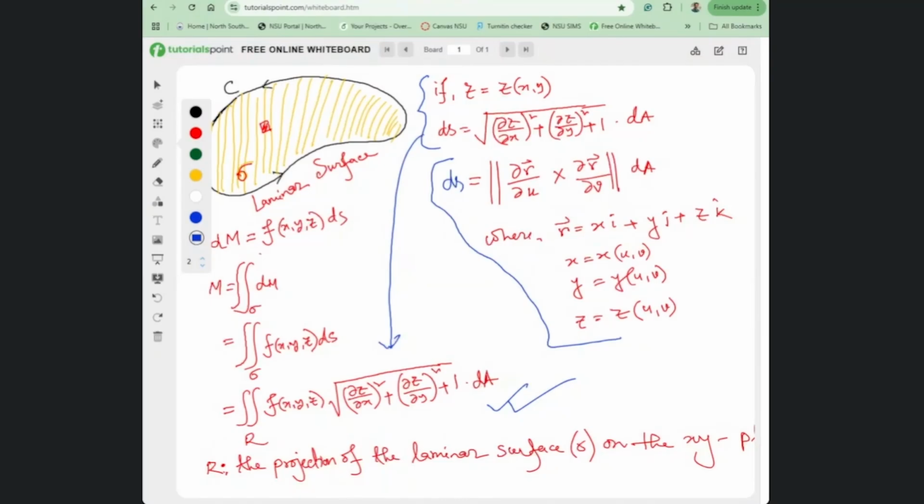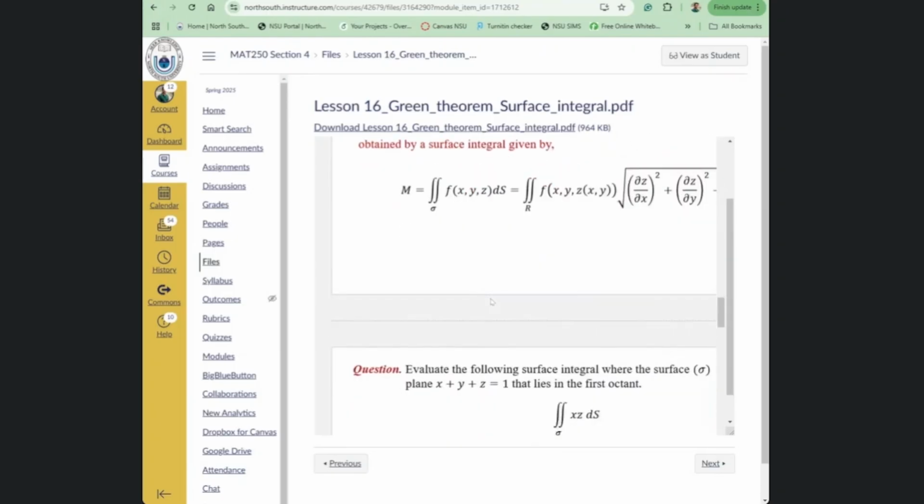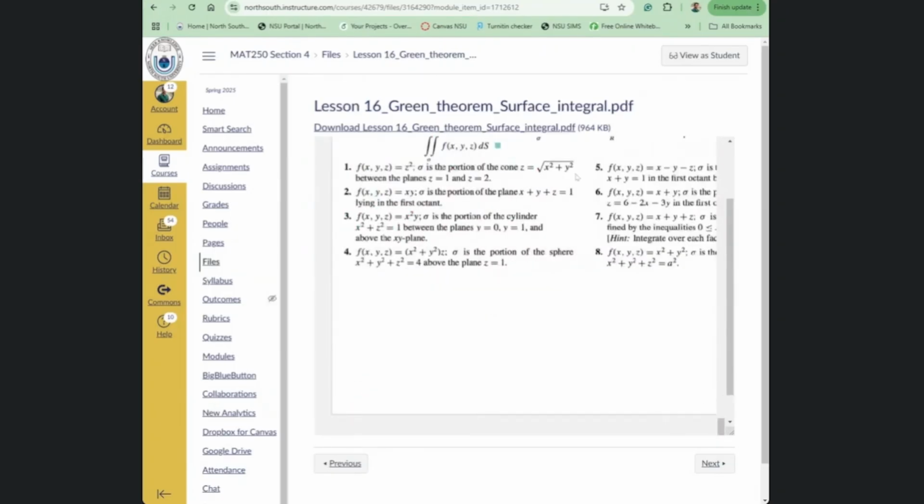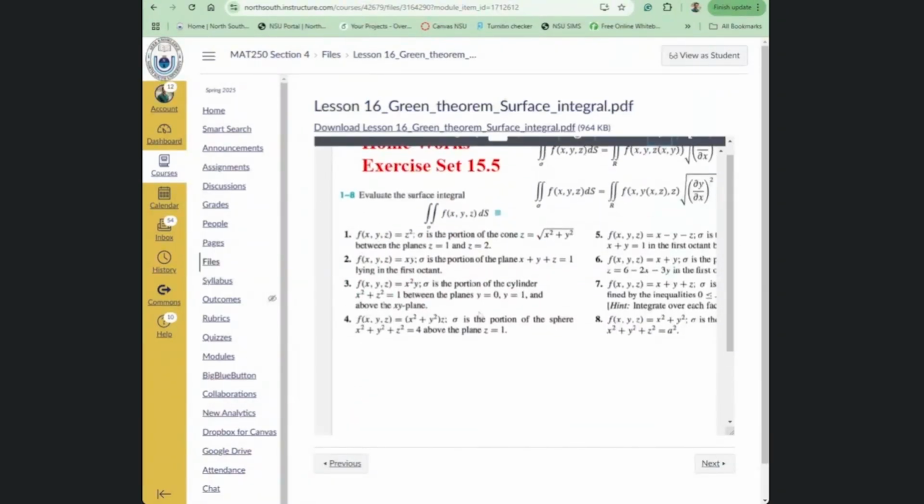Now we shall move on to the exercise. In each and every problem, we are asked to evaluate the surface integral of the function times ds.